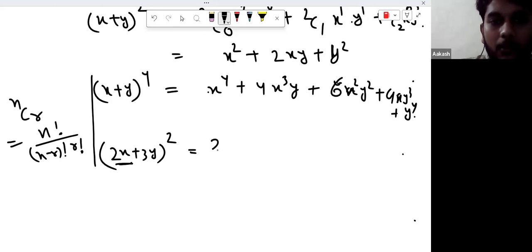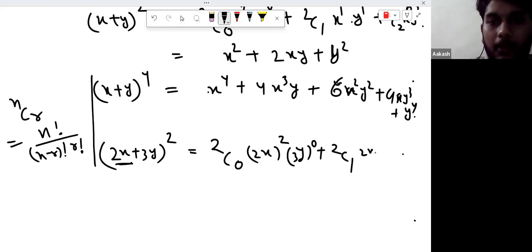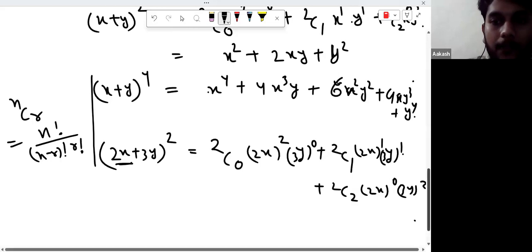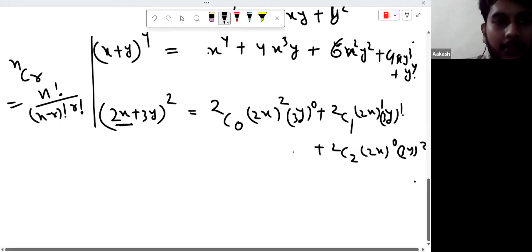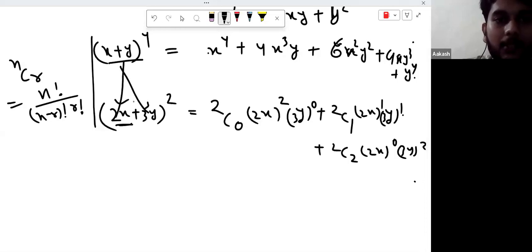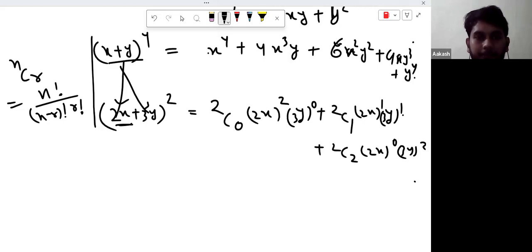So if we open this, this will be 2c0, 2x to the power 2, 3y to the power 0 plus 2c1, 2x to the power 1, 3y to the power 1 plus 2c2, 2x to the power 0 and 3y to the power 2. Okay. And by simplifying, we'll get the answer. So remember, x and y don't have to be alone. They can have coefficients also. Okay, Rishita, got it? Yes, sir. Okay. So simplify another one.